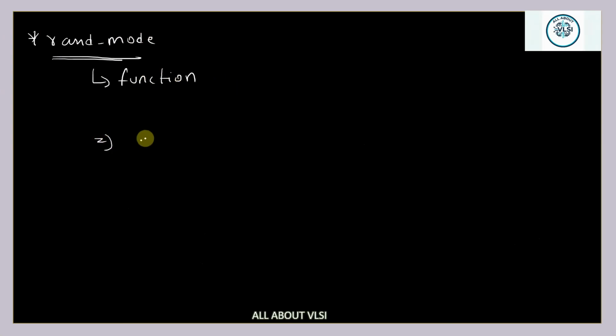For example, if we use handle.rand_mode of 0, passing the argument as 0, then it is going to turn off your randomization.